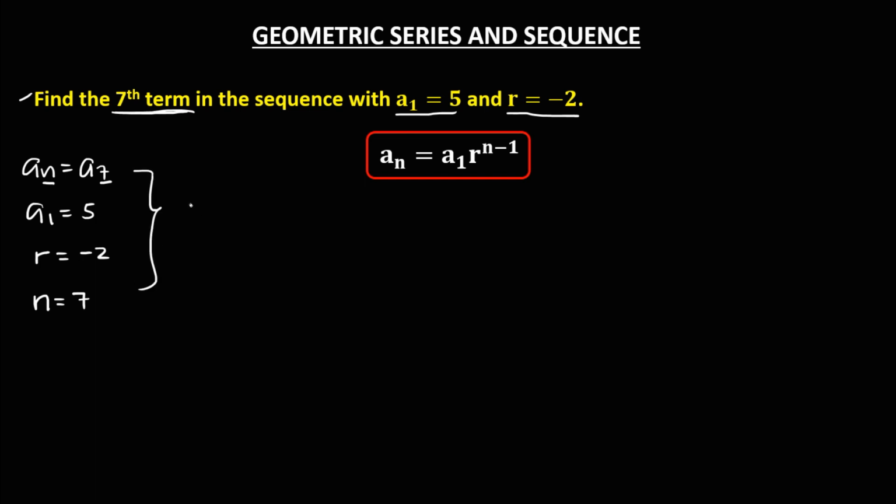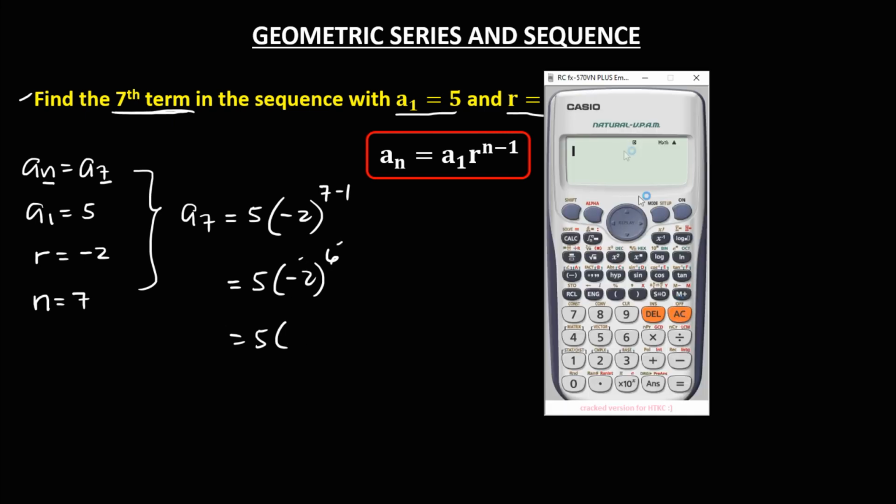Then to find the 7th term, a sub 7 equals a sub 1, which is 5, times r. r is negative 2. Then n minus 1, so 7 minus 1. Then simplify, so we have 5 times negative 2 to the power 6. Since it's negative, we need to put that inside the parentheses.